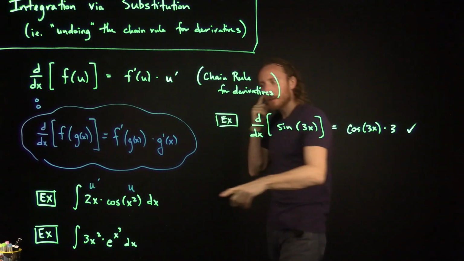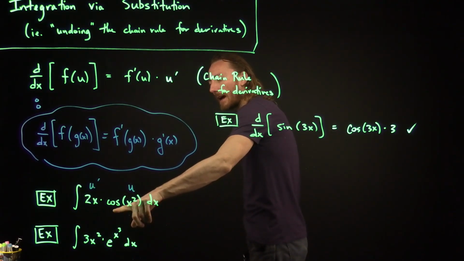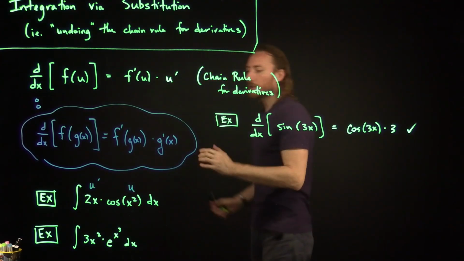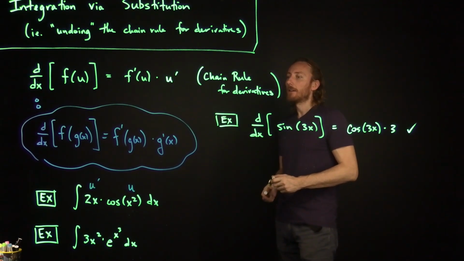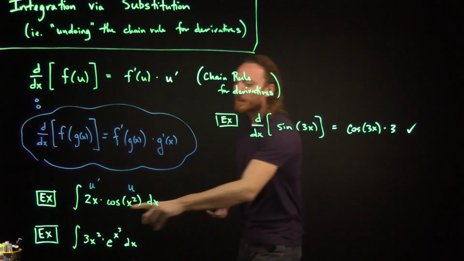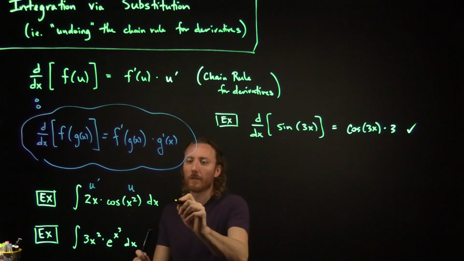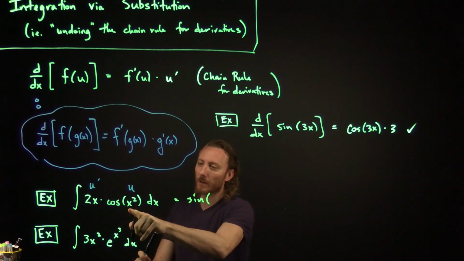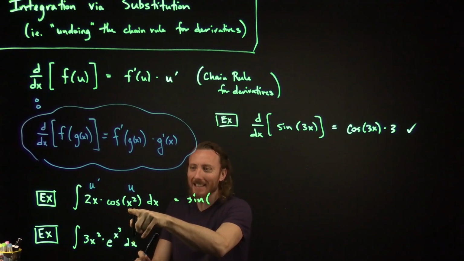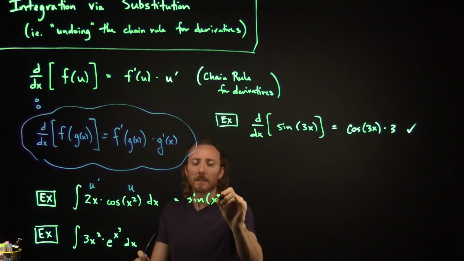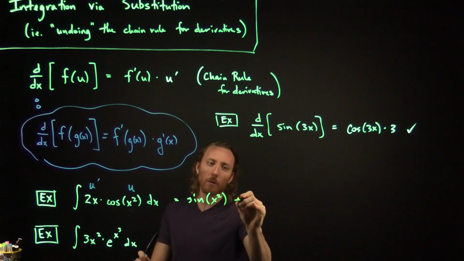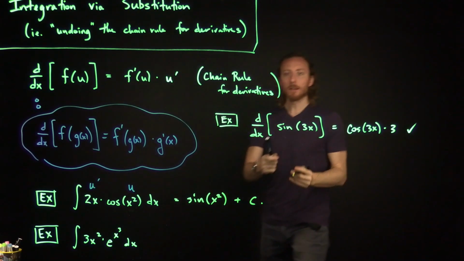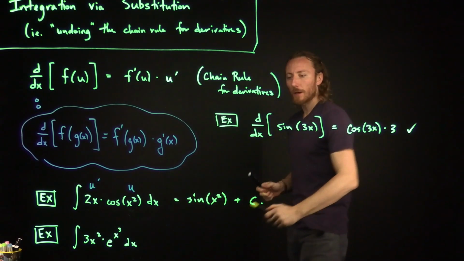And if you think about the function that would have produced this cosine x squared times 2x via the chain rule, it would have to be not the cosine function, but the sine function, or at least based on the sine function, but not just any sine function, because the thing that is inside the sine function needs to be x squared. Throw on the plus c by necessity, and check it out: sine x squared plus c.